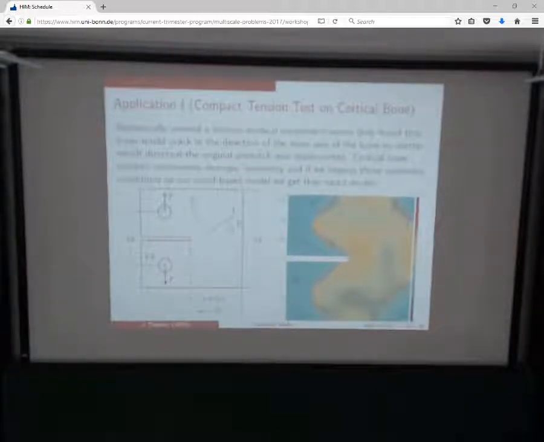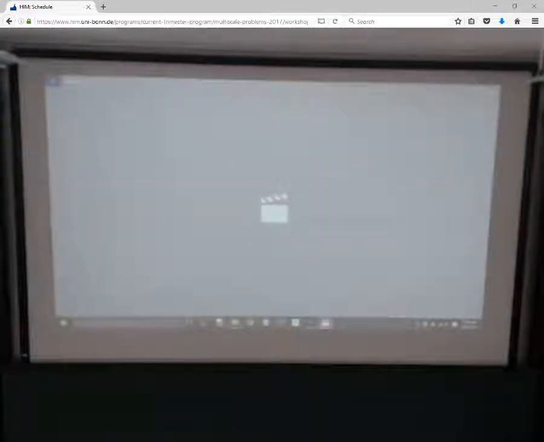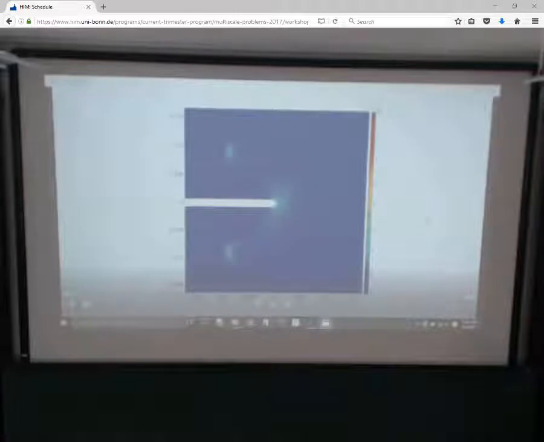Okay. So let me try running this. We'll see how it looks. So this is a video of the strain energy. These two pins are pulling apart and the strain energy is going to grow, and eventually it's going to get too much and our bonds are going to start breaking and they'll go off in this direction for the crack.